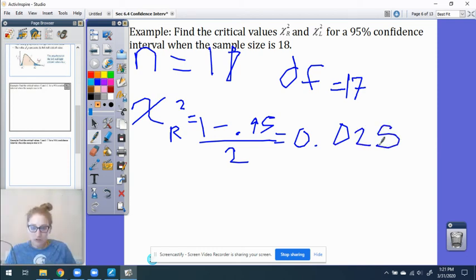And then let's go ahead and do the other one before I turn to my book to get these values. So just like our t-distribution, we have a table of values that we're going to reference for this.